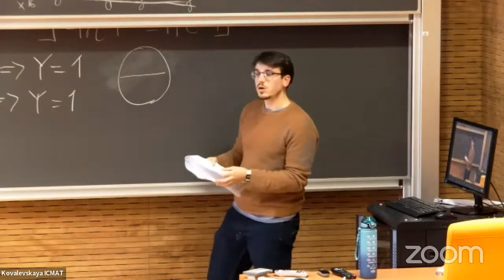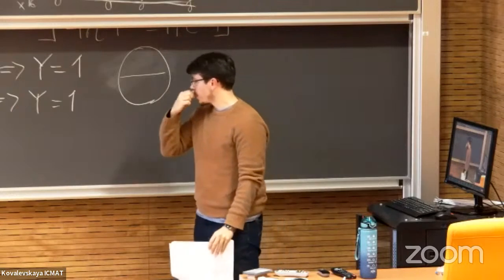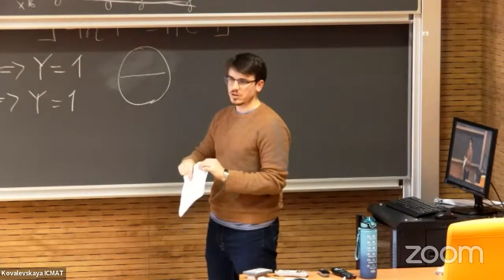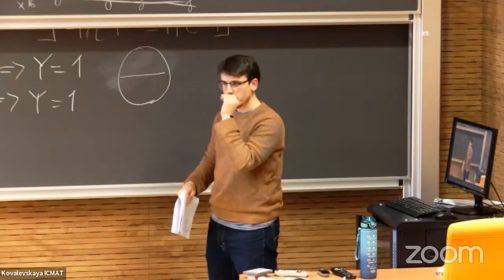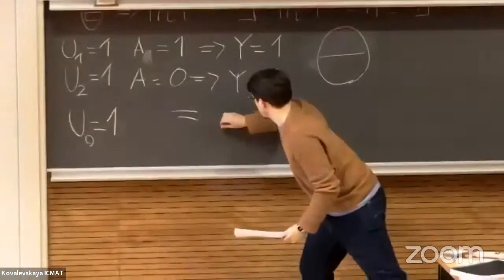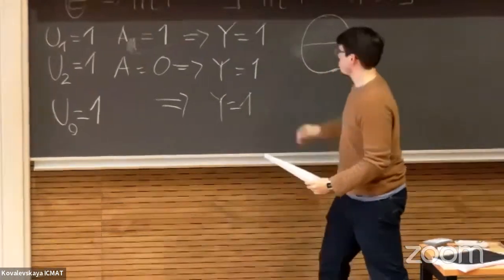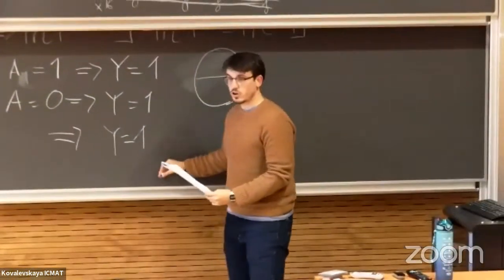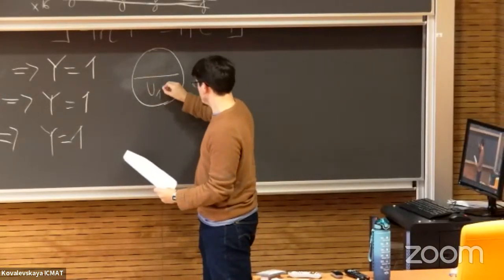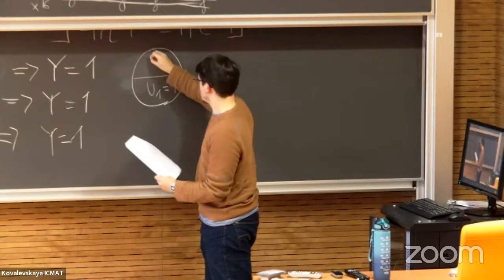The third one, there's no A. Sorry? The third one is U sub 0 equals 1. Is there A? No, because it's just some background effects by themselves. But there's a Y equal 1. Yeah, sorry. So this will be the sufficient cause for death. We can represent these.